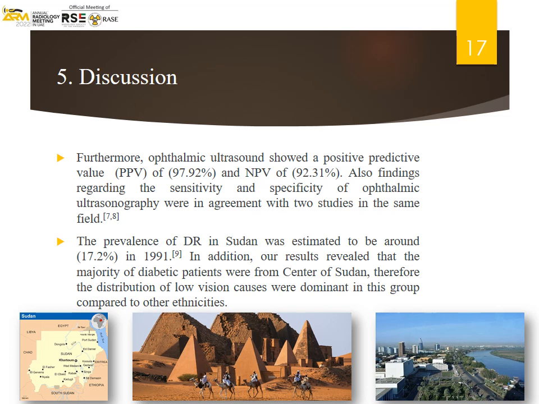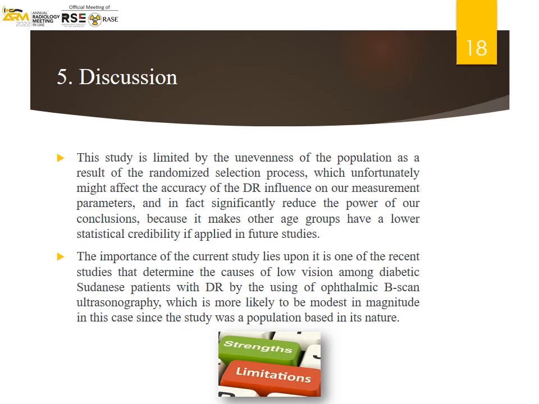Moreover, most diabetes patients were from the center of Sudan, meaning that low eyesight causes were more widespread in this group than in others. This study is hampered by the unequal population due to the randomized selection approach, which may impair the precision of the diabetic retinopathy influence on our measurement parameters and lessen the power of our conclusion if applied to different age groups in future investigations.